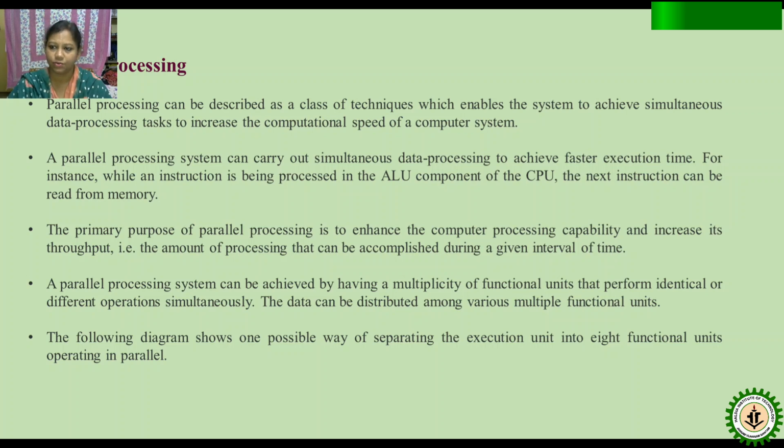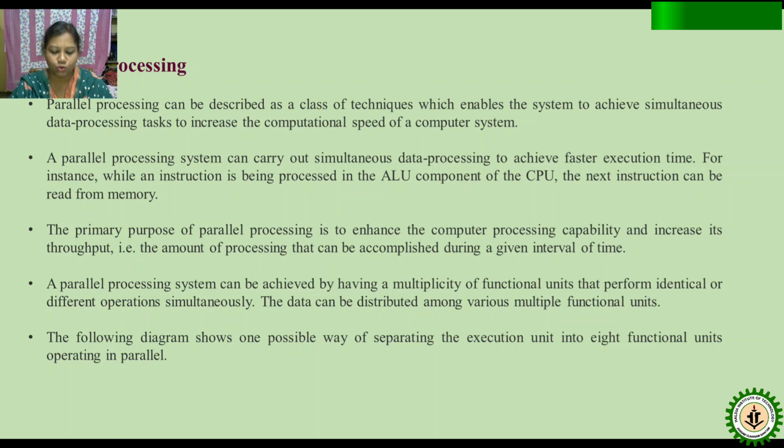For instance, while an instruction is being processed in the ALU component of the CPU, the next instruction can be read from the memory. That means two resources are used: one is the ALU in the CPU, and for another instruction, data is read from the memory. One is the processor operation, one is the memory operation.